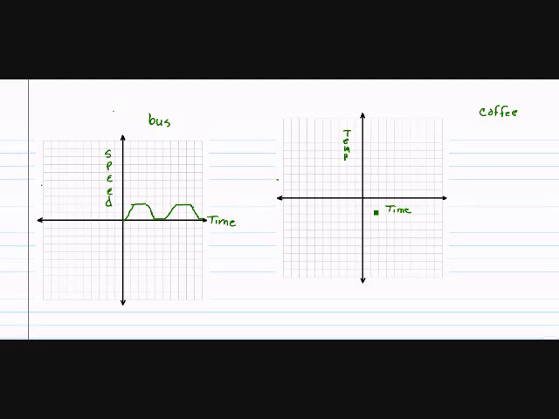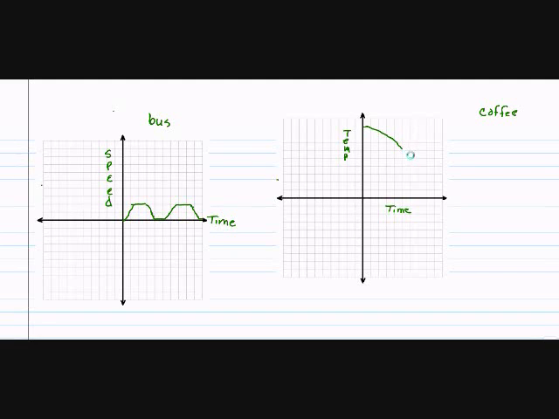Say my cup of coffee. The temperature is going to start high because it just got out of the microwave. I like to heat up my coffee in the microwave. So it's going to start high, and it's going to gradually go down over the amount of time.